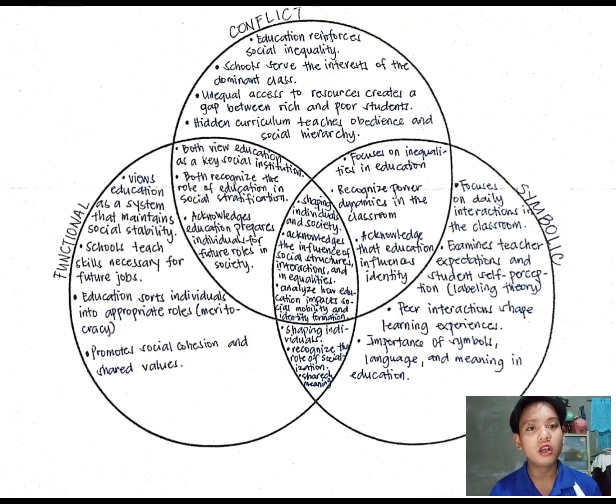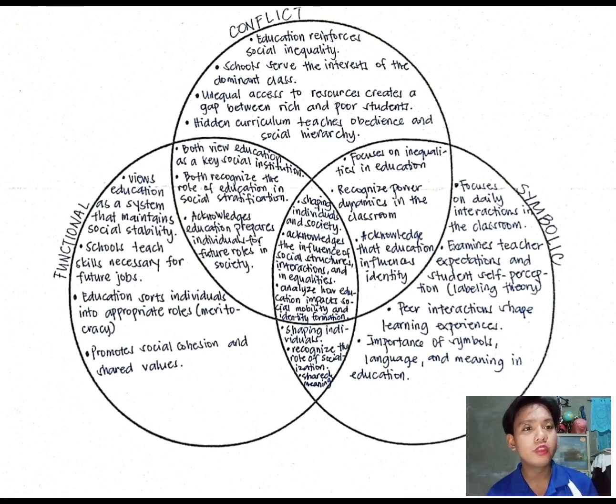They also acknowledge that education contributes to social stratification, although they disagree on the underlying mechanisms. While functionalism sees education as a meritocratic system that sorts individuals based on ability, conflict theory argues that it reinforces class divisions and privileges the wealthy.